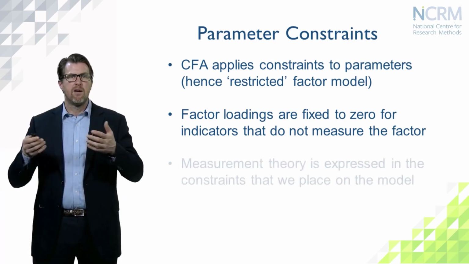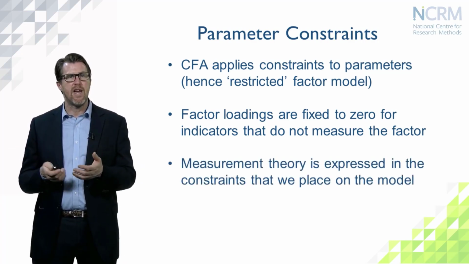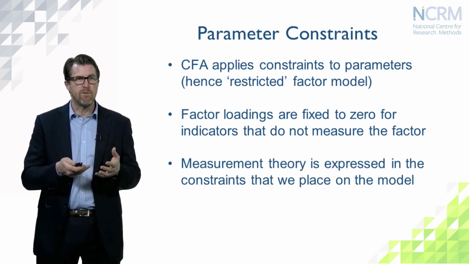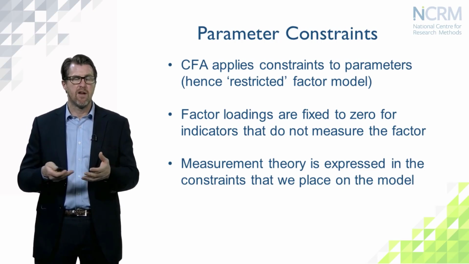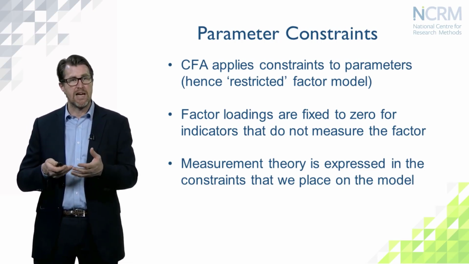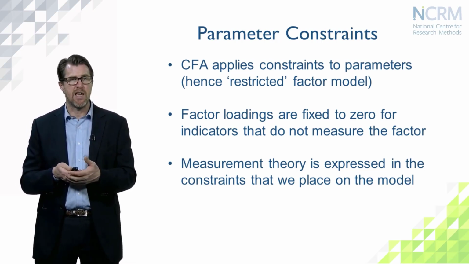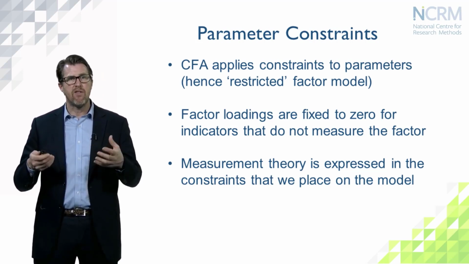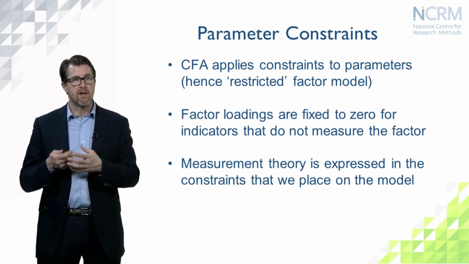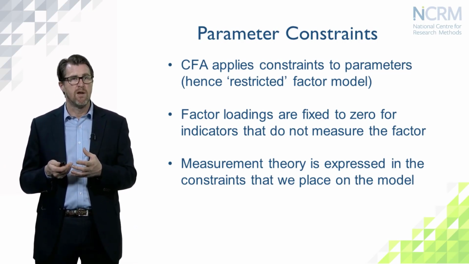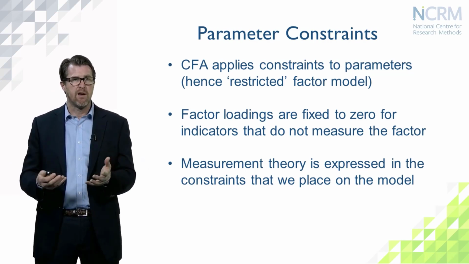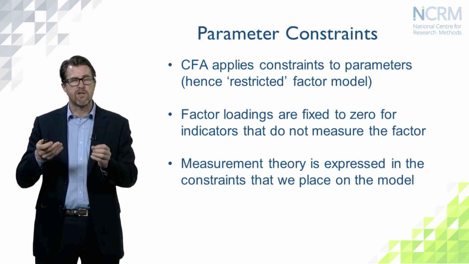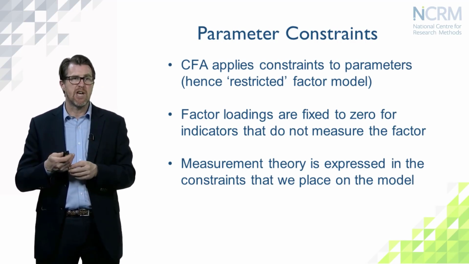And the important thing to understand is that our theory of the measurement of our concepts, how we think the concepts are related to the indicators that we've selected and written if they're a questionnaire item, that theory is expressed in the constraints that we place on the model. So we're not just estimating everything, but we are placing restrictions on the values that parameters can take.